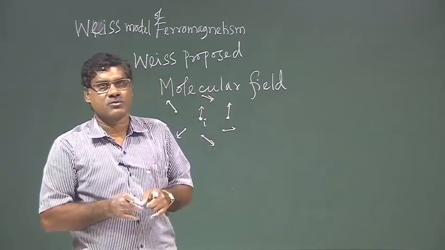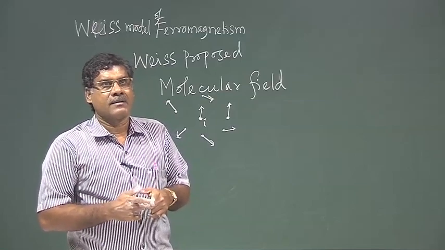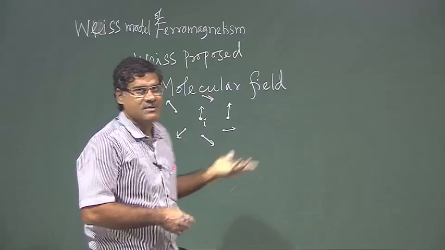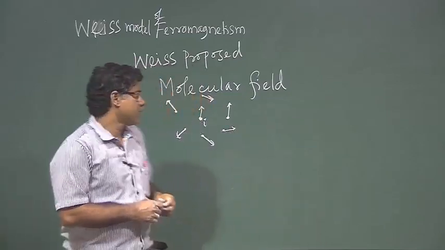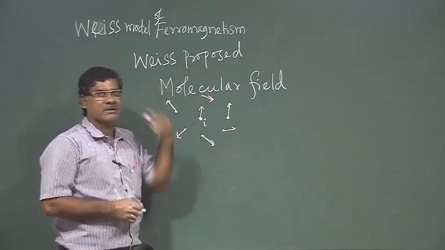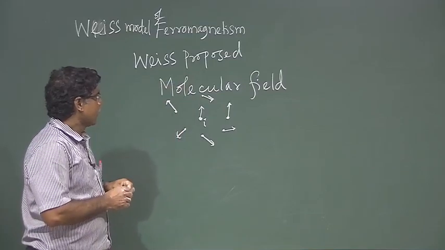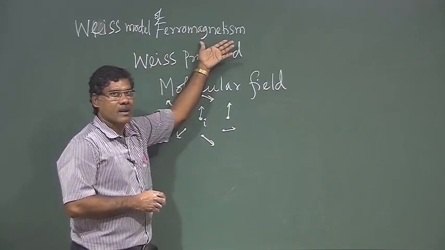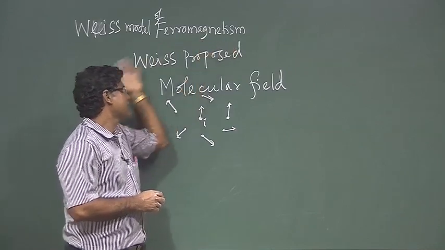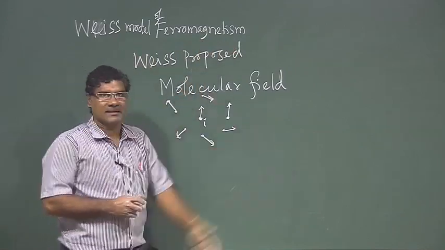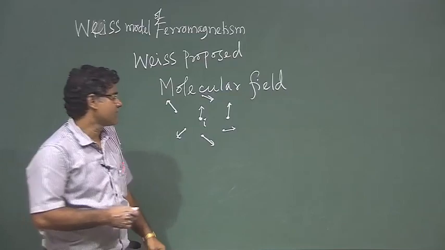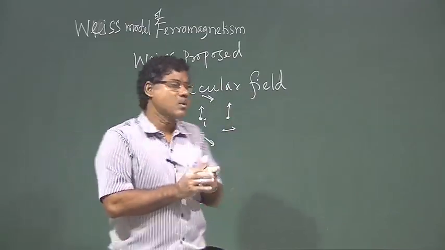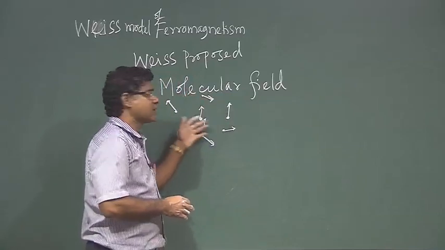Based on that, we explained all the properties of paramagnetism. Now, to explain ferromagnetism, Weiss considered that there is an internal field, whose origin is basically the interaction among the dipole moments in the solid.